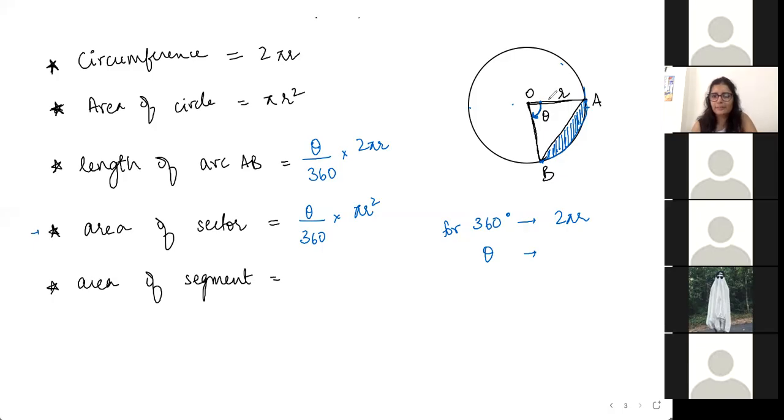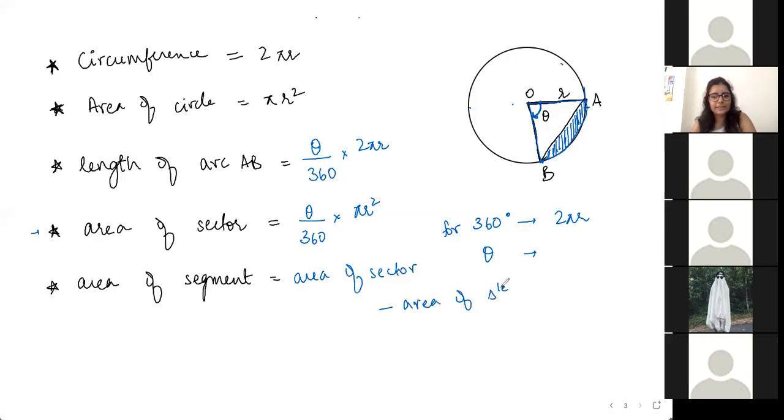The formula is here. So the area of the sector will give you the whole part's area. From it, we don't want the white region, this triangle region. So area of segment will basically be equal to area of sector minus area of the triangle.